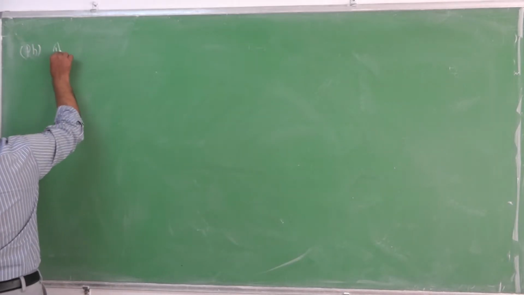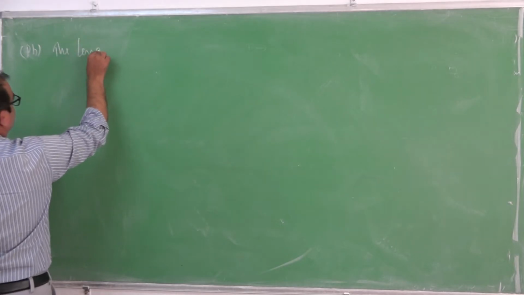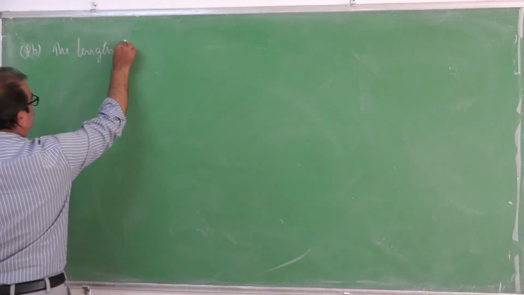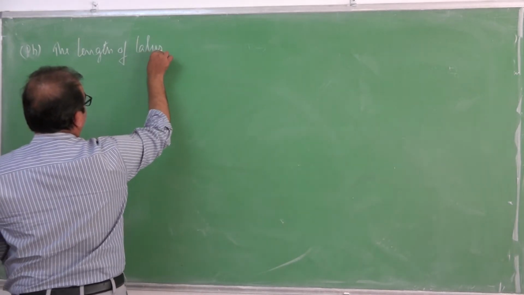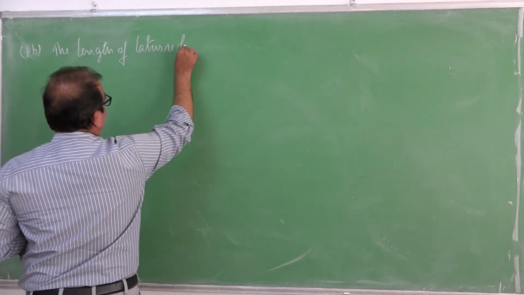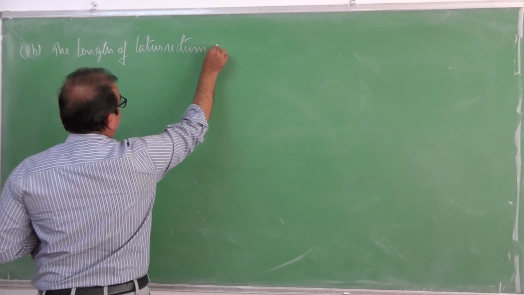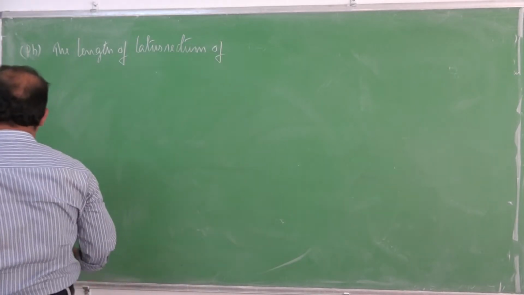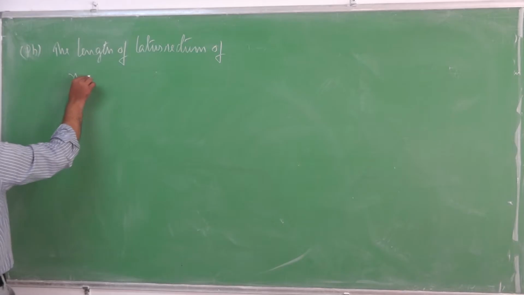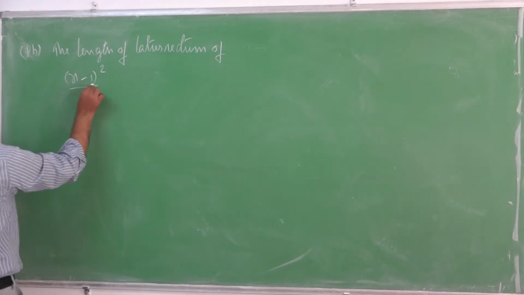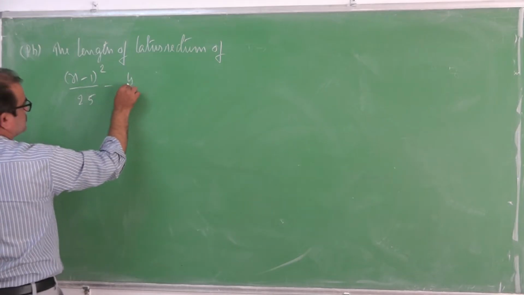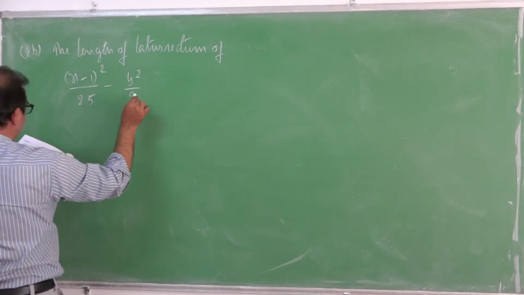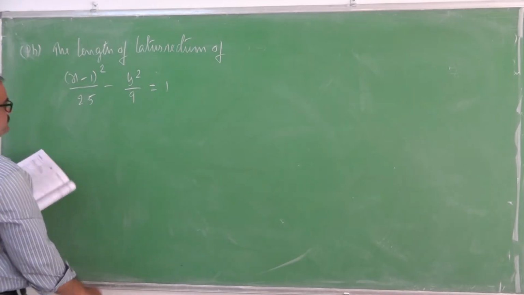The length of latus rectum of the hyperbola (x minus 1) whole square by 25 minus y square by 9 is equal to 1 is.